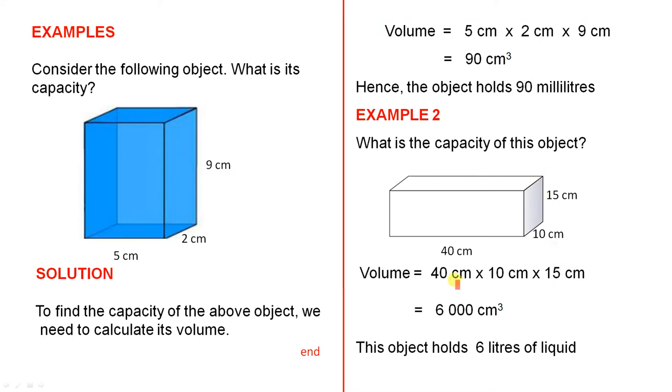So the volume is 40 centimetres by 10 centimetres by 15 centimetres. And when we multiply those together, we get 6,000 cubic centimetres. So this object holds 6 litres of liquid.